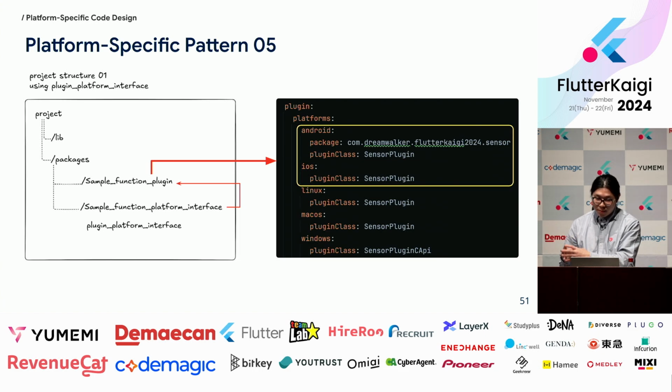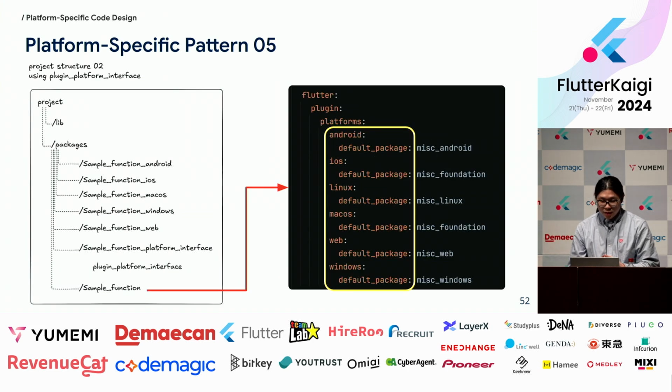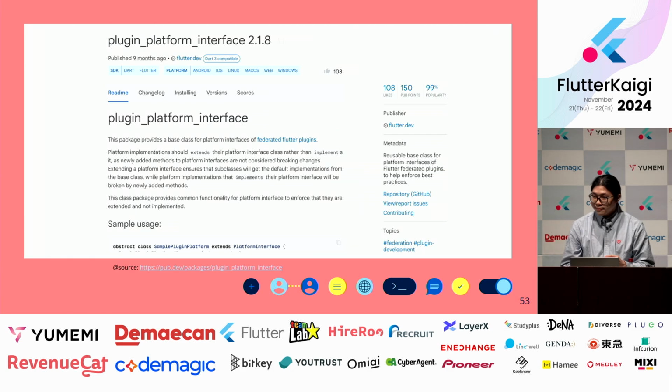If you have implemented all the platform-specific features in the plugin, you can list them like the example on the right. If you're developing each platform-specific plugin as separate packages, you should include the package names in the YAML file. For more detailed information, please refer to the plugin_platform_interface package.